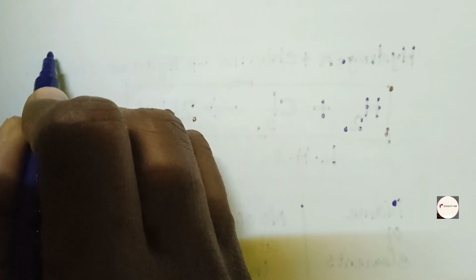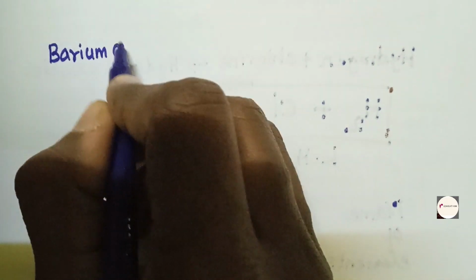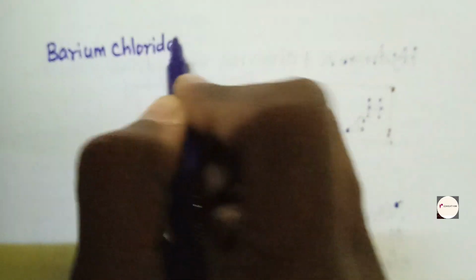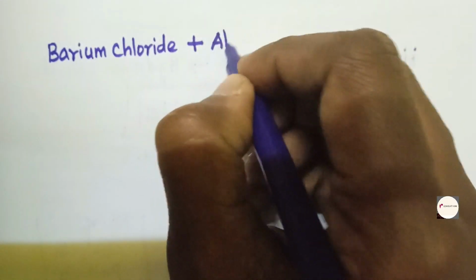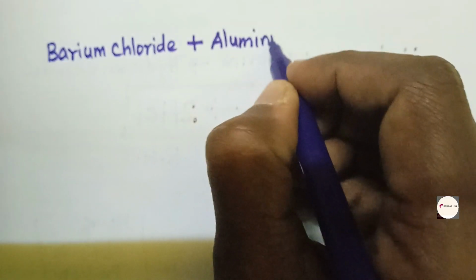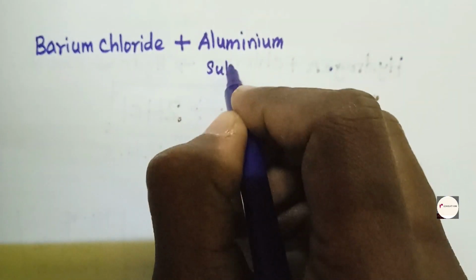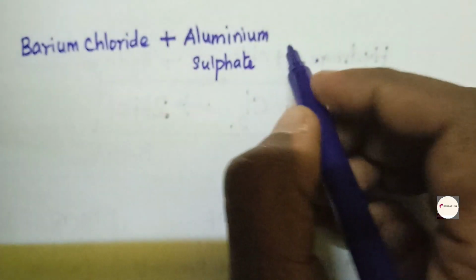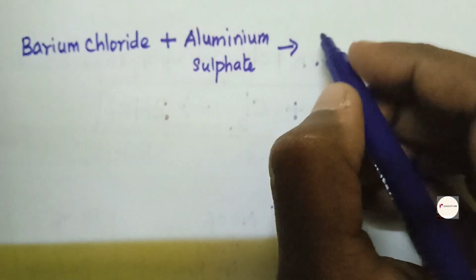So first what you have to do? You have to write the equation. So barium chloride, when barium chloride reacts with the aluminum sulfate, which gives barium sulfate and aluminum chloride.